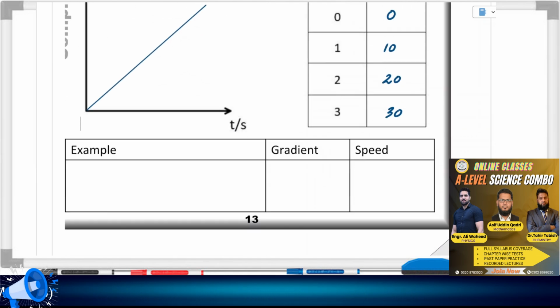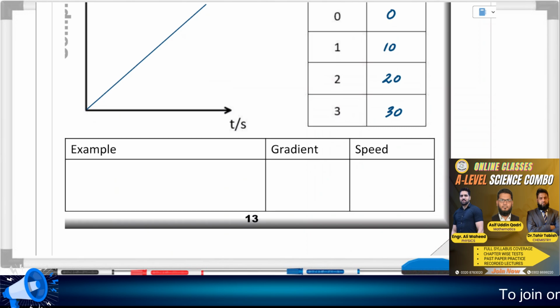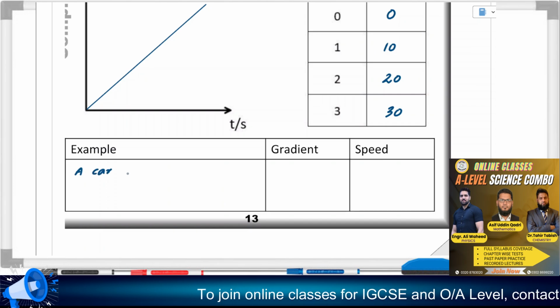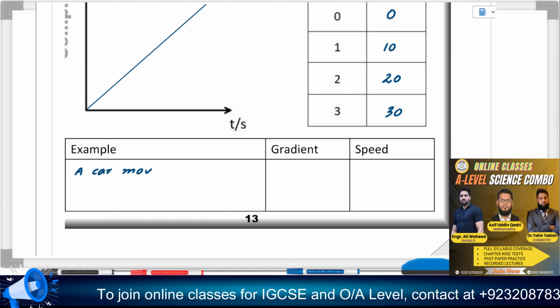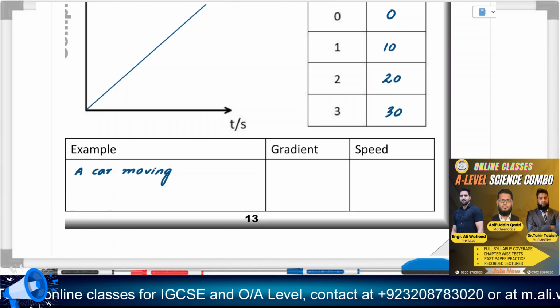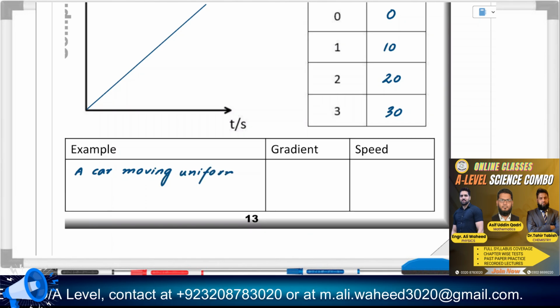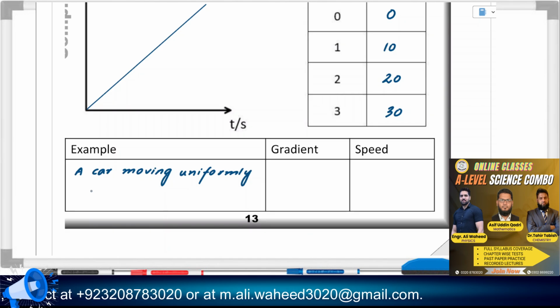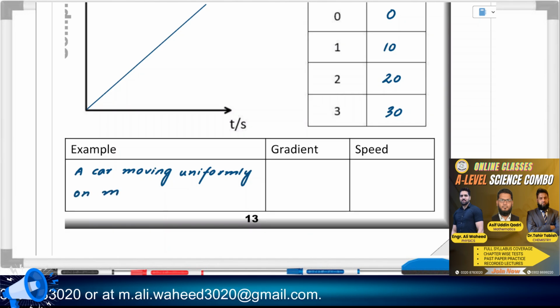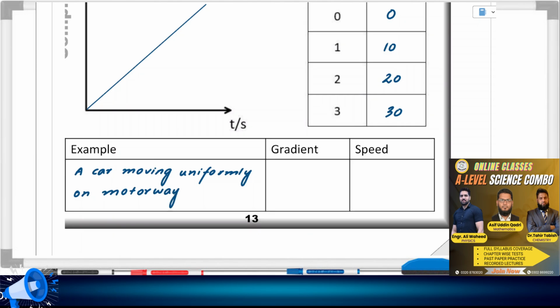So what are the examples? We assume that the speed of the car does not change.